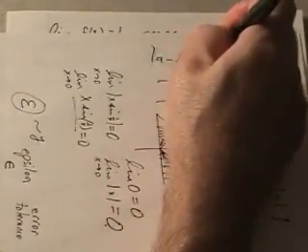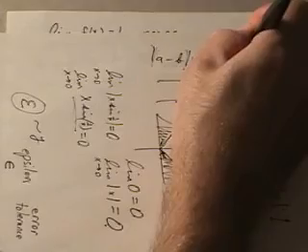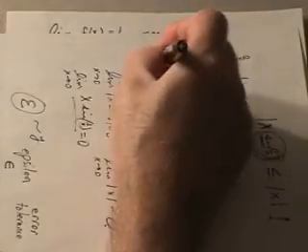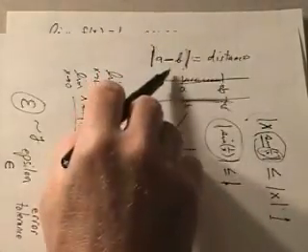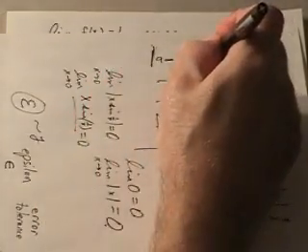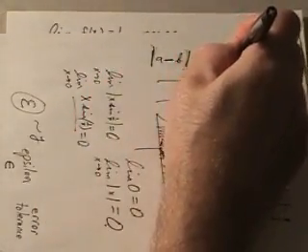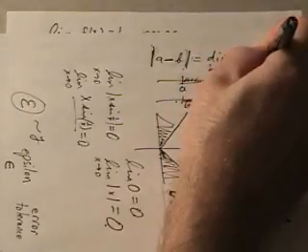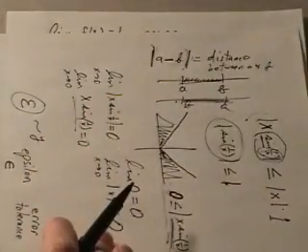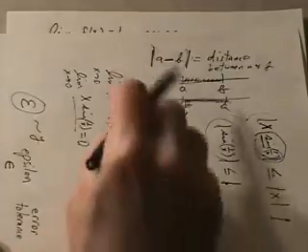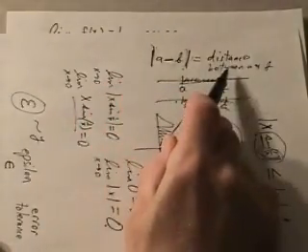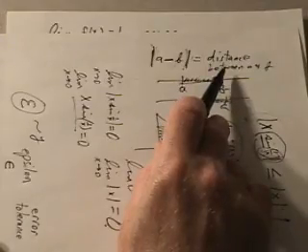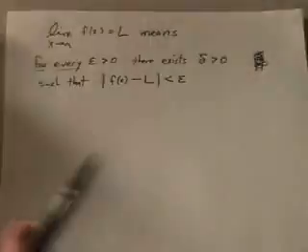Whenever you have a subtraction of two numbers and the absolute value, you've got to read this as the distance between a and b. And if you don't train yourself to think this way, you will never understand what I'm talking about. So work on it.